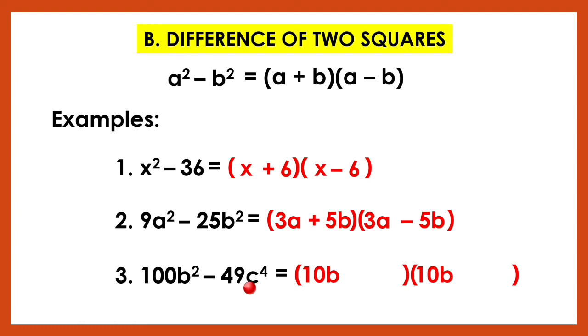And then, kunin natin yung square root ng 49c raised to the 4th. Square root ng 49 is 7. Square root ng c raised to the 4th is c square. So, we have 7c squared. Anong ilalagay nating sign dito? So, we have sum and tsaka difference. Okay, so ganun lang kumuha ng factors ng difference of 2 squares.